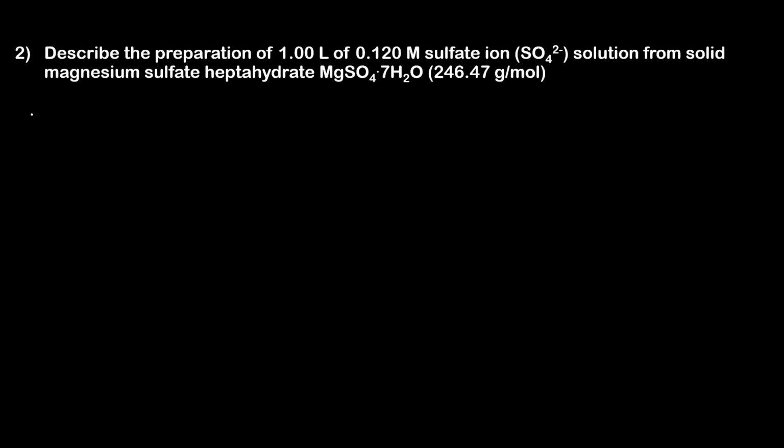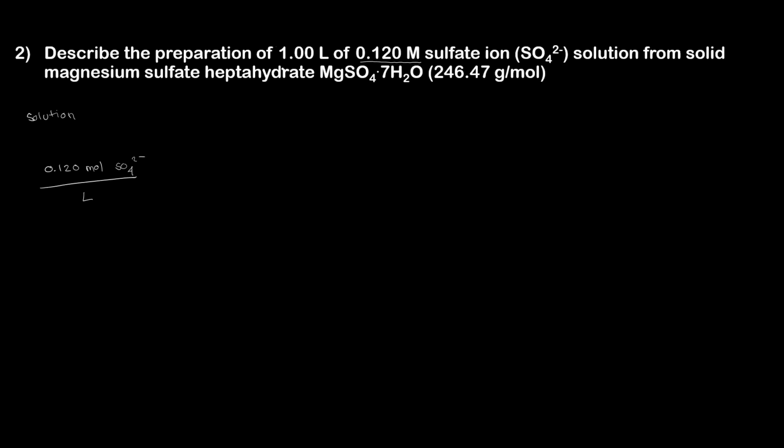As usual, let us start with the given concentration. This time it's the concentration of the sulfate ion, which is 0.120 molar. Molar is mole per liter, and now we focus on sulfate ion, SO₄²⁻.